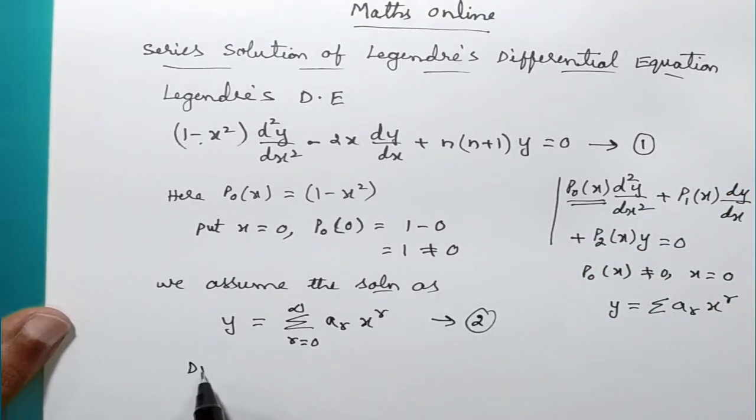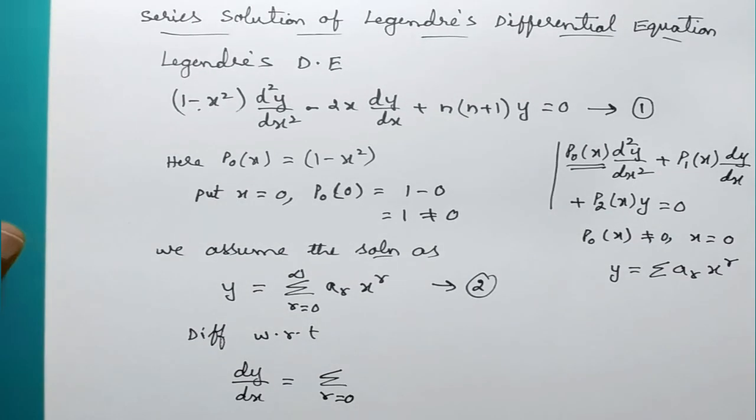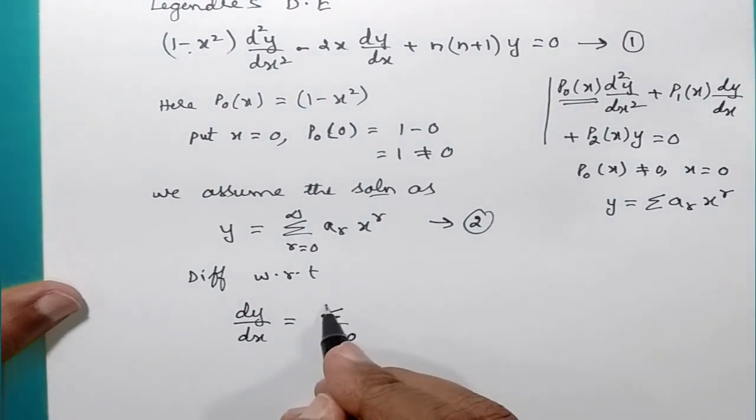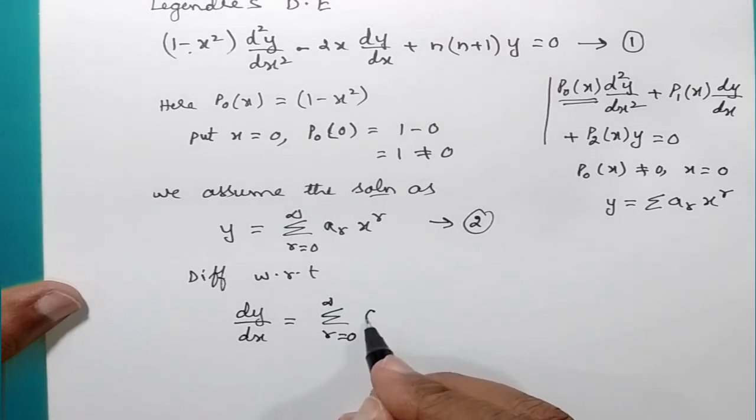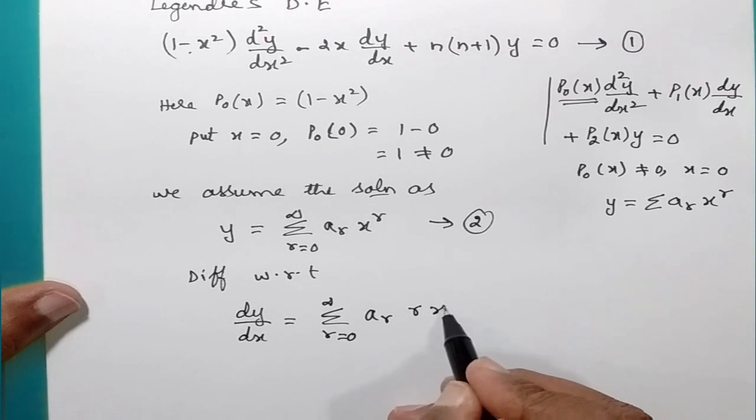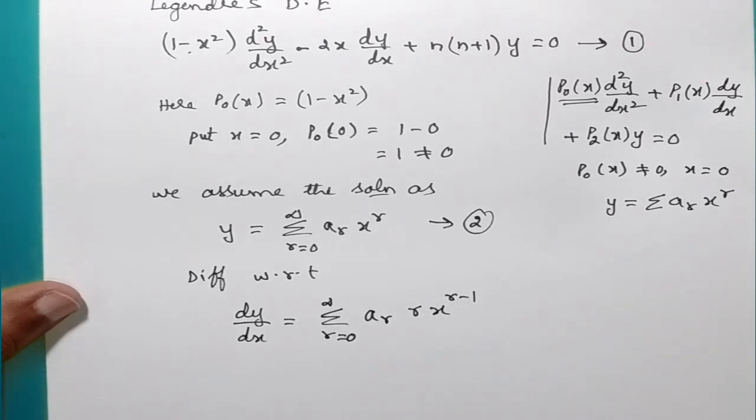So we'll differentiate with respect to x, and we'll be getting dy by dx is equals to summation of r is equals to 0 to infinity ar as it is. Differentiation of x power of r will be r x power of r minus 1.